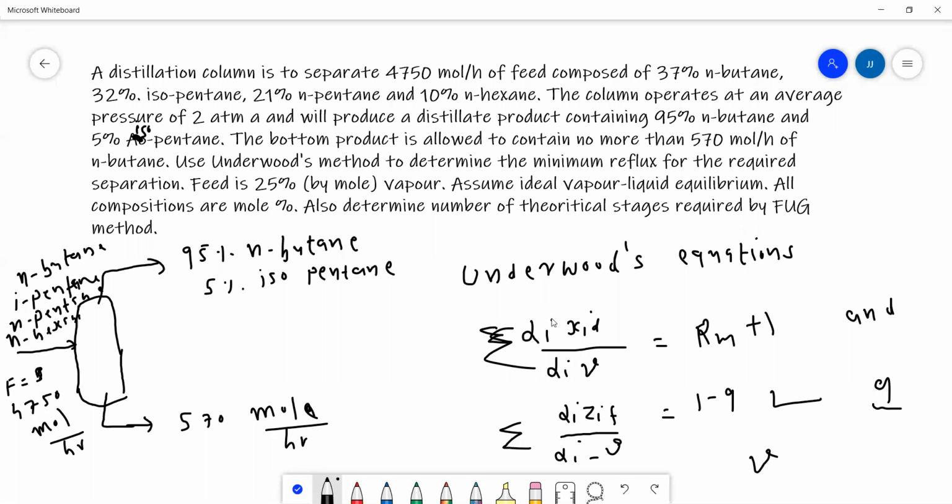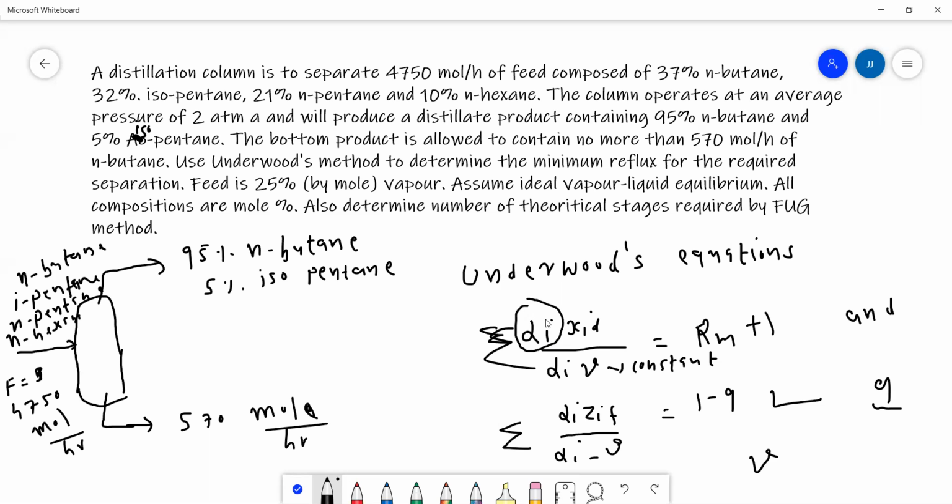Alpha is the average relative volatility of each component I with respect to the heavy key component. XID is the mole fraction of component I in the distillate. V is a constant. ZIF is the mole fraction of the individual component in the feed.